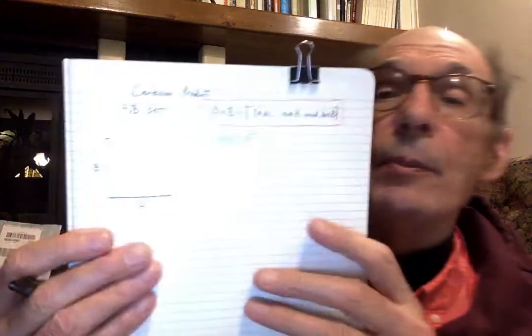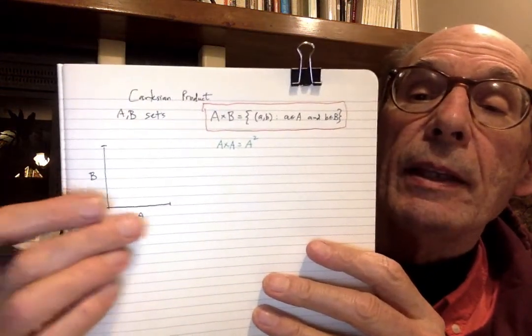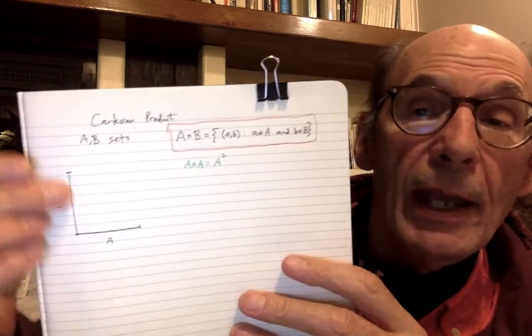Sometimes it's really advantageous to represent these with, it's like a graph. It's not quite a graph because there may be no order to A and there may be no order to B. But if we pick a certain element of A and some element of B, that does define a point that has two coordinates.